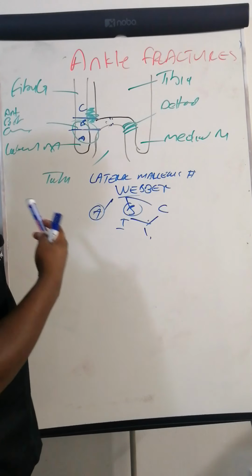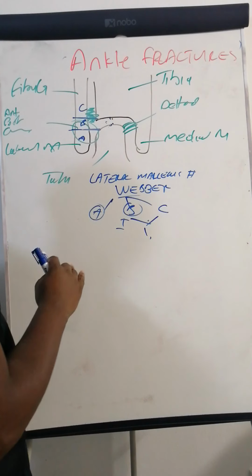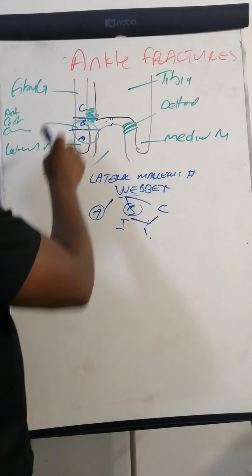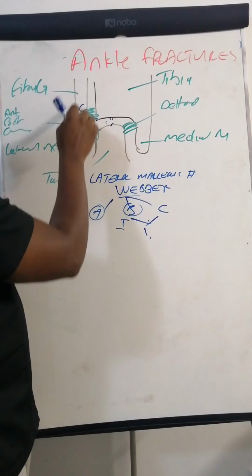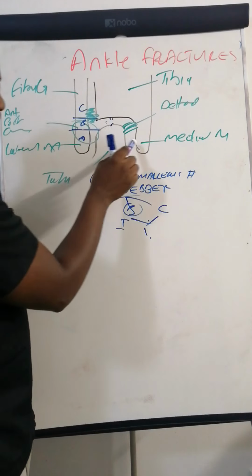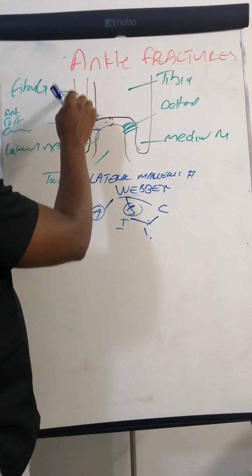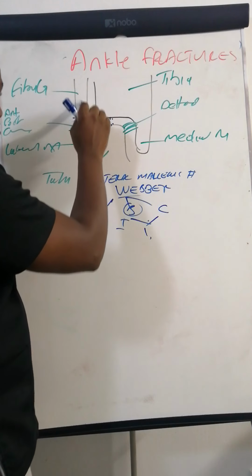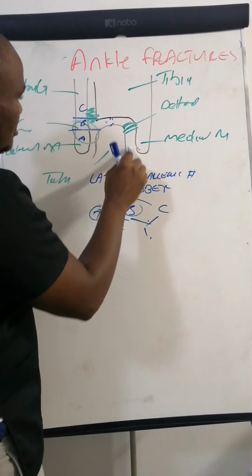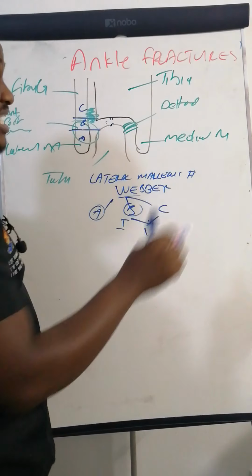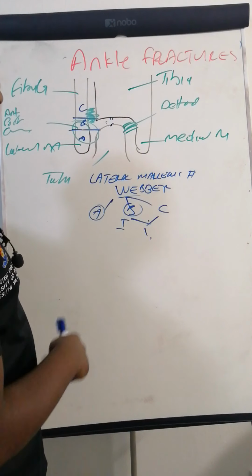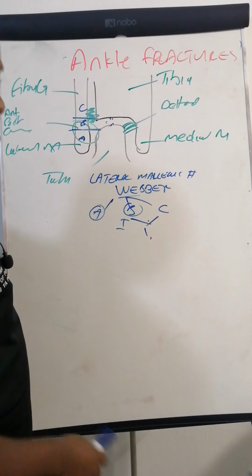But if you do it with patience and systematically, you are likely not to miss anything. So follow the X-ray. Don't try to focus on the fibula and also look at what's happening on this side. Finish with the fibula, and then come to the talus, and then come to the fibula. After you're done, let's say you pick up a fracture, it's fine. Let's say you don't pick up a fracture, it's fine.